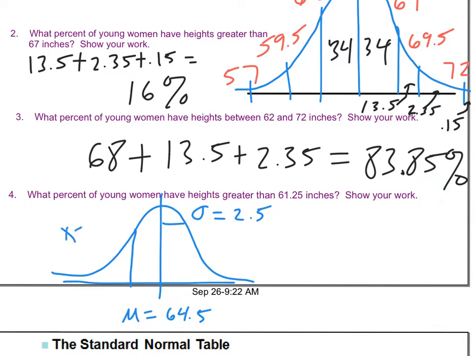We'll call that X. And I want to know the percent of women that have heights that are greater. Okay? That's a great picture of what I'm trying to find. All that shaded area, what proportion of the outcomes in a normal curve is that?